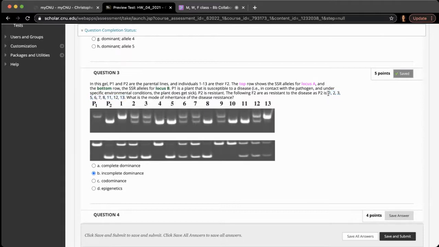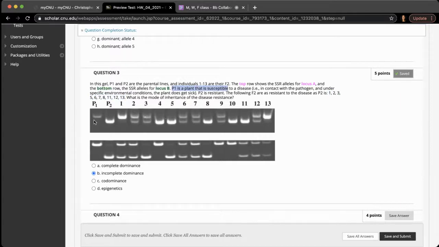So let's see their children, these children. So number one, oh, it's heterozygote for this locus. So maybe this locus is not involved in the resistance. Maybe it is. But let's see. This one is like parent one, and P1 is susceptible.